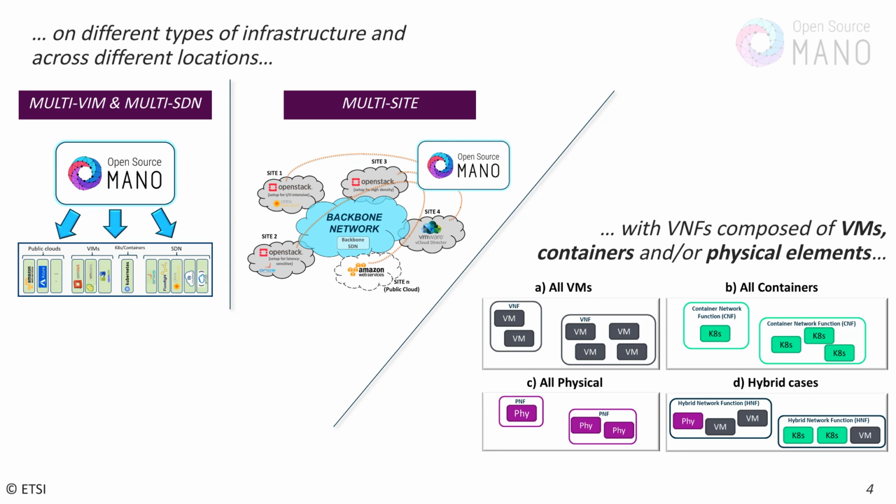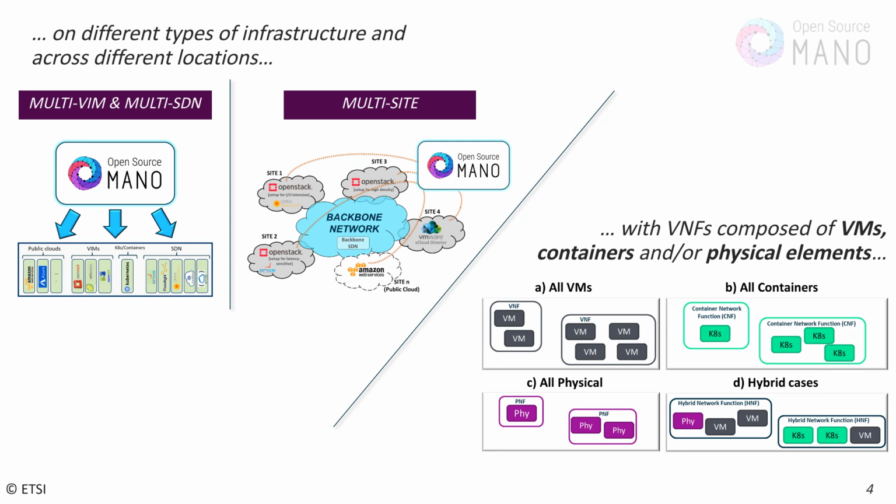From the perspective of OSM and from the user of OSM, the modeling that you can introduce in the system is exactly the same, as we will see in some of the demonstrations. The same goes for the distribution of network services across different locations. One network service doesn't need to be together in the same location. We can distribute it as we need, which typically happens with networking that has a geographical shape.